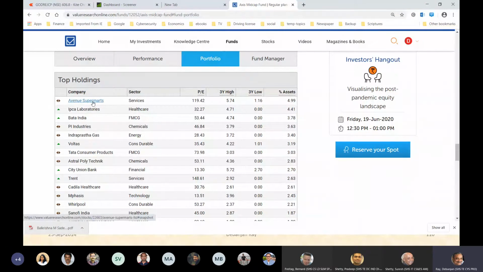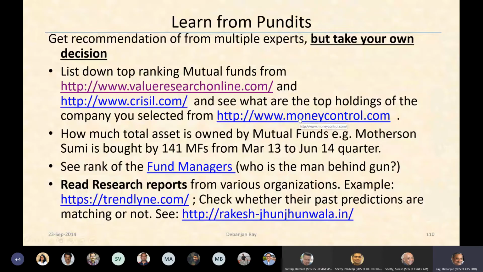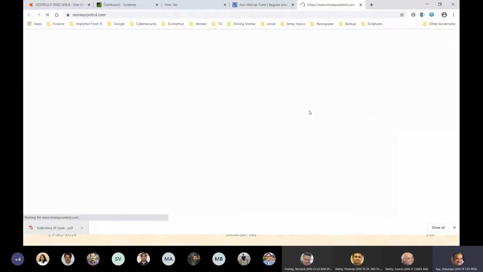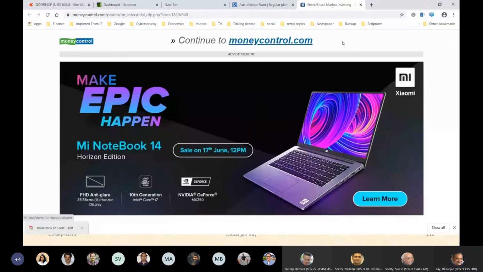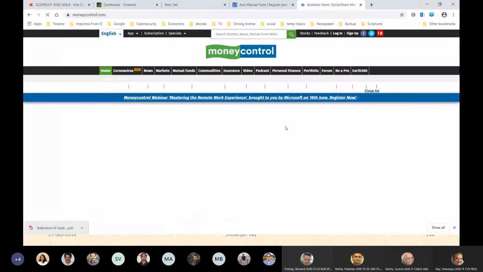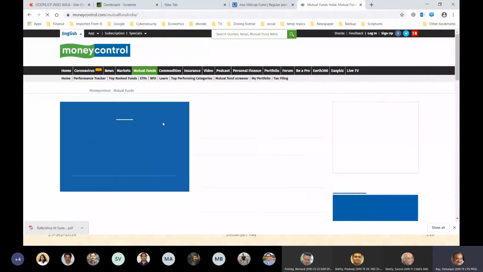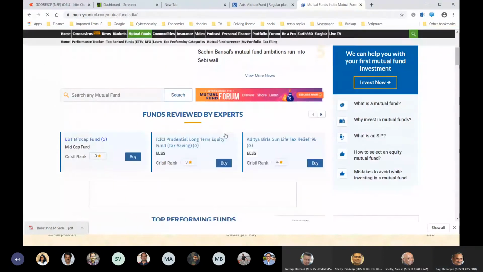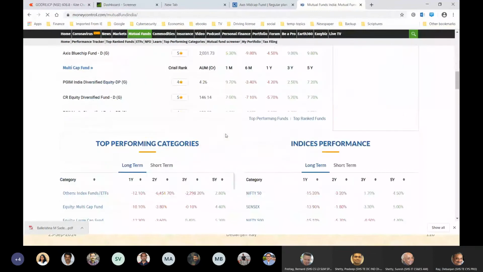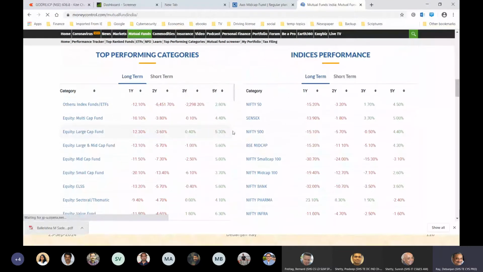The same thing you can do for Moneycontrol. If you go to Moneycontrol, you go to the mutual fund, and there will be similar things.